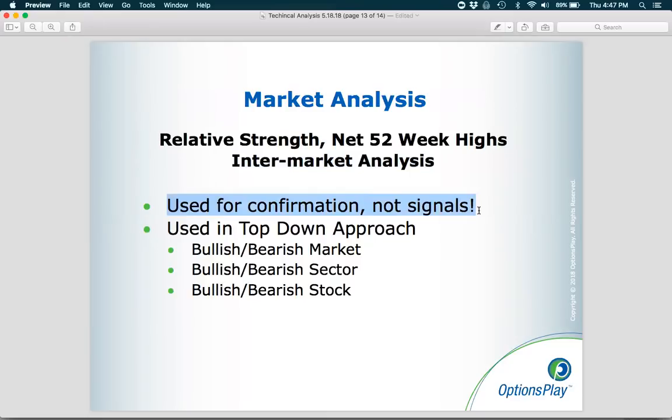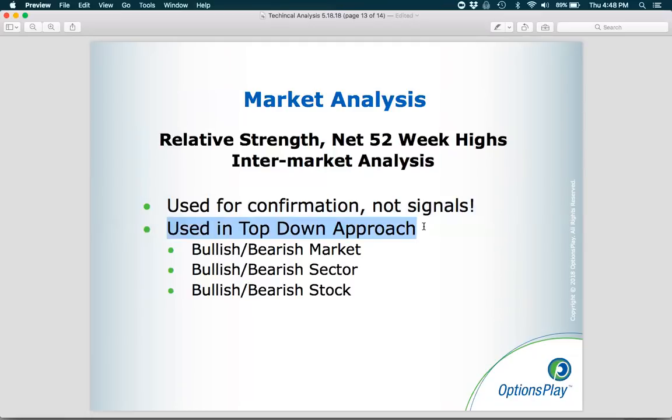But they're not a signal, meaning you shouldn't enter a trade on that alone. You should have other forms of analysis, such as the examples we gave you before, to create the actual signal, and only use market analysis to help confirm the overall direction you're trading in. And this is typically used in what we call a top-down approach.